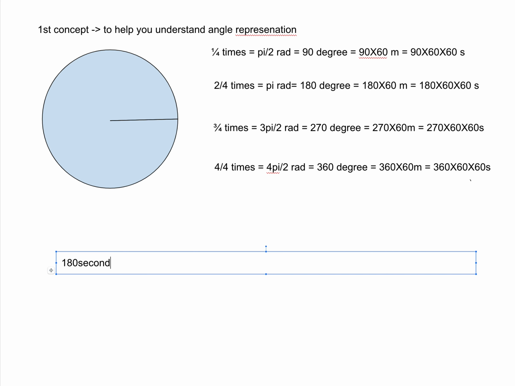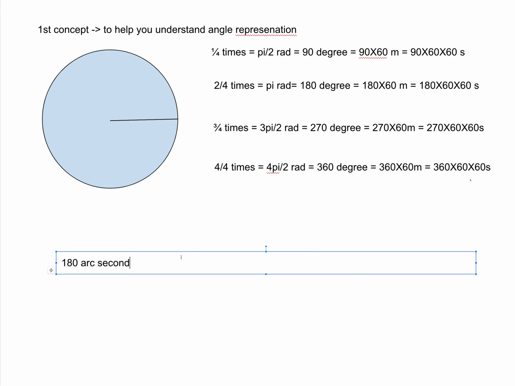This second is not like the second in your watch, so this is not a time, but this second, whatever I have written over here, is called arc second. Because we are dealing with circles and this is like circular second, you can call it arc. This is generally called arc second. So suppose somebody asks you what is an arc second. So what is like 180 arc second, what it is.